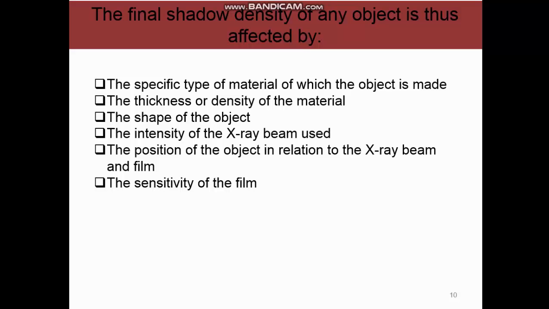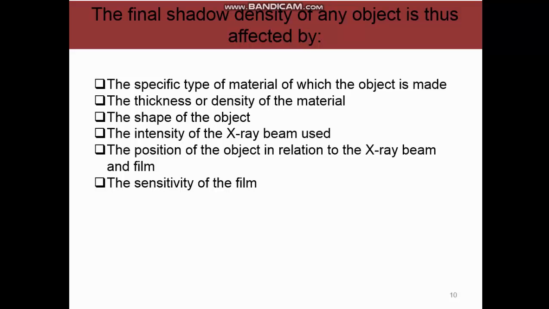The final shadow density of any object is thus affected by the specific type of material of which the object is made. For example, high density structures appear on X-ray film as high intensity shadows because they consist of elements with higher atomic number.